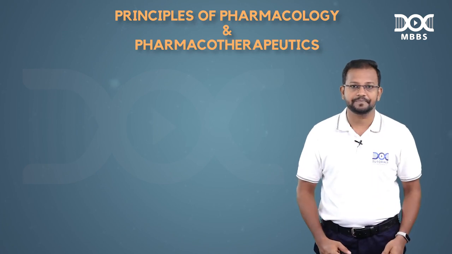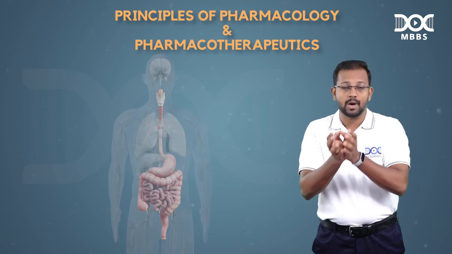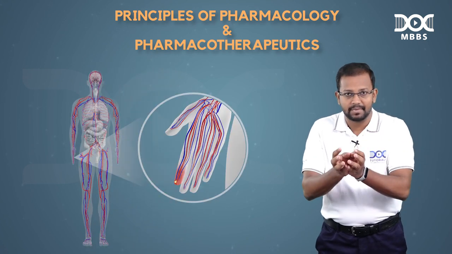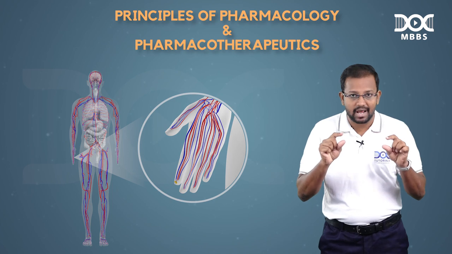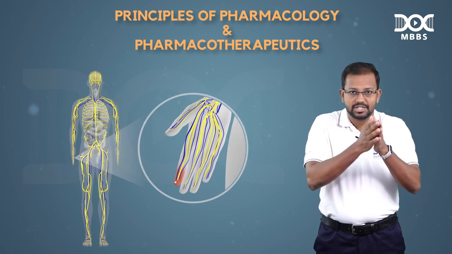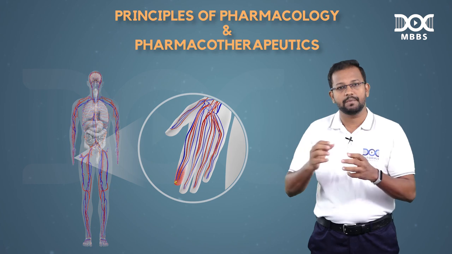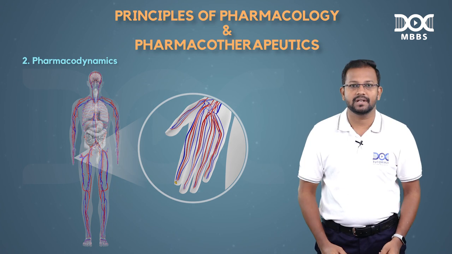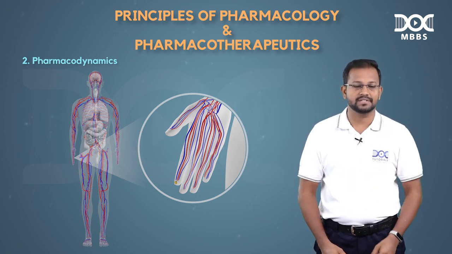The relationship between dose and concentration, the amount of drug administered to the patient and how much concentration is going to be there in the plasma to produce the effect, will be explained by pharmacokinetics. The second, the relationship between the concentration of drug and the effect produced, will be explained by pharmacodynamics. Clear? This is the first explanation of what pharmacokinetics and pharmacodynamics are.